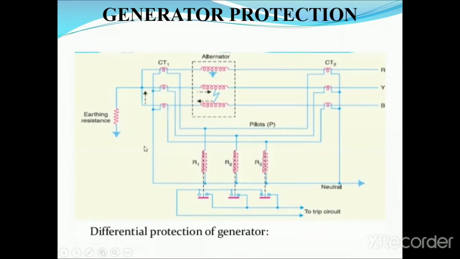In that situation, the earth fault current is adjusted by using this earthing resistance. Resistance is inversely proportional to current, so if the current increases, we adjust the resistance, which reduces the effect of the earth fault currents. That's why we use the earthing resistance on the alternator.